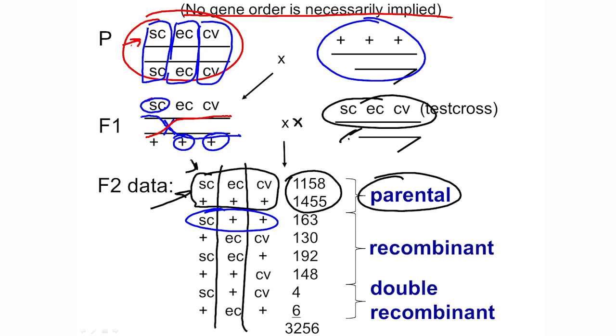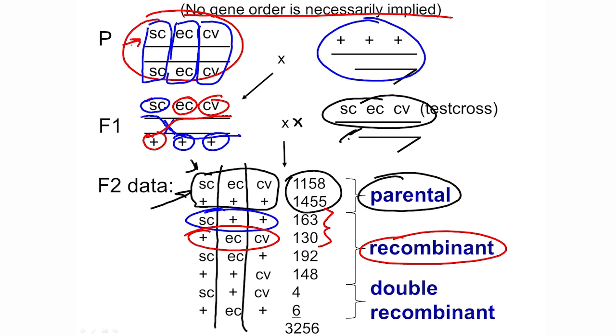The other one that's made by the same crossover event is plus, echinus, and cross-veinless. And that is right here. So these 2 come about when that crossover occurs between skewed and echinus, and that's why they are one of the recombinant classes. They're a new combination of these 3 traits that was never seen in the parent before, right?